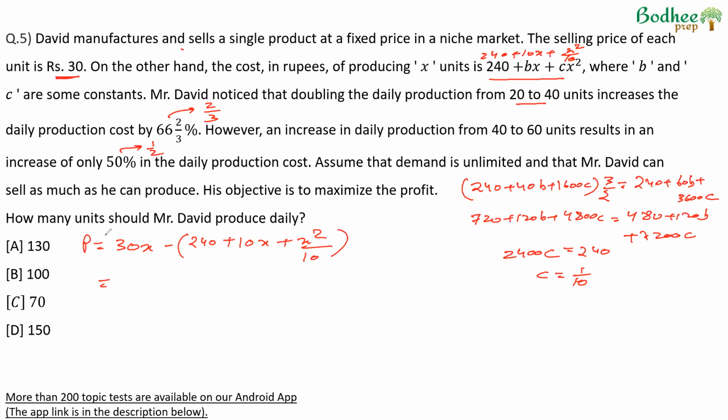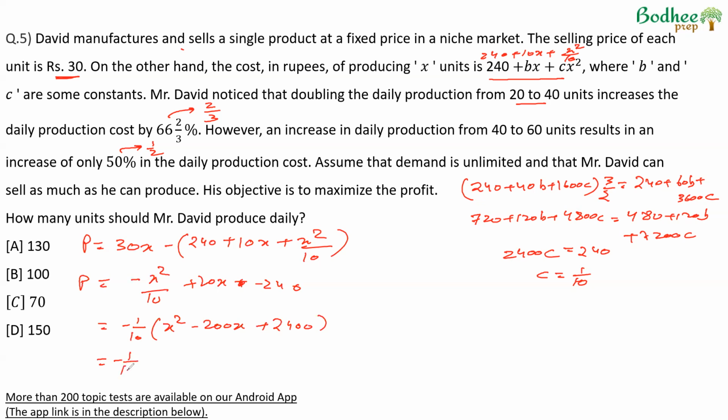This can be written as minus x square by 10, plus 30 minus 10x, that is 20x, minus 240 is the profit. Minus 1 by 10 if we take common, we'll be left with x square minus 200x plus 2400.